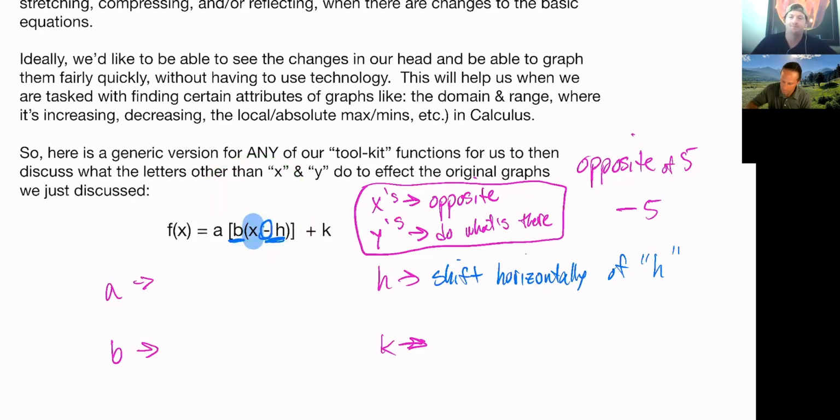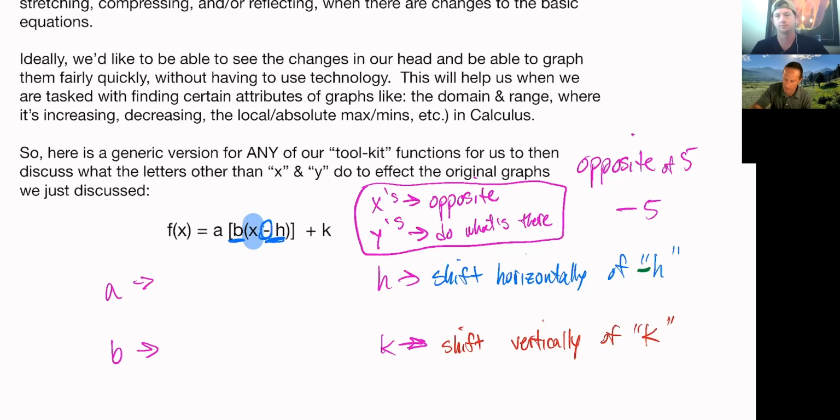Okay, so that part we're going to shift in the y direction, which would therefore be vertically of exactly k. Right? So I'm going to put a little note here and make sure that you guys see it. The opposite of whatever's there. Okay, that's why that negative h is there.